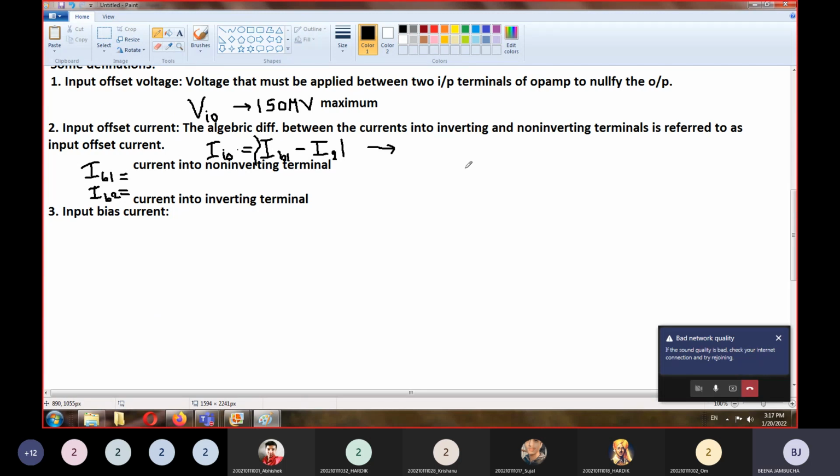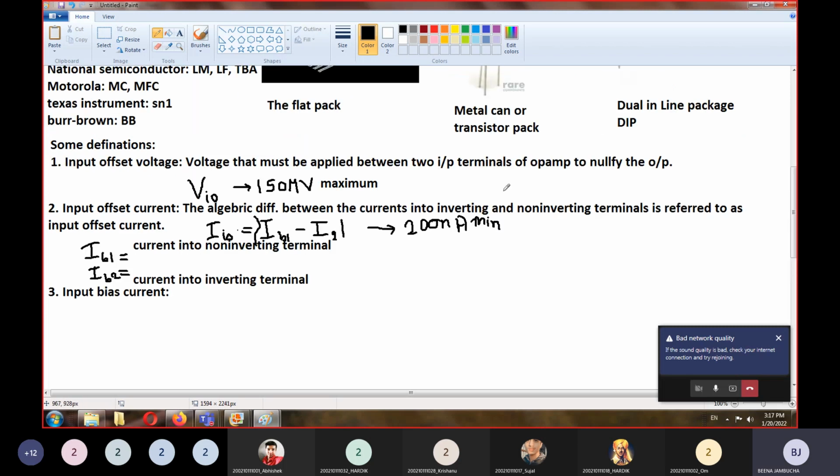The minimum value is 200 nanoampere. And for 741, this value is 6 nanoampere. So sometimes if it is not provided, you can take it as your information. This value for 741 is given as 6 nanoampere.